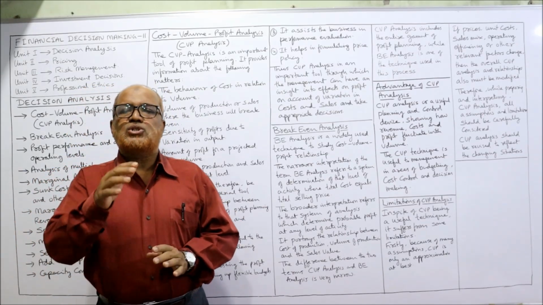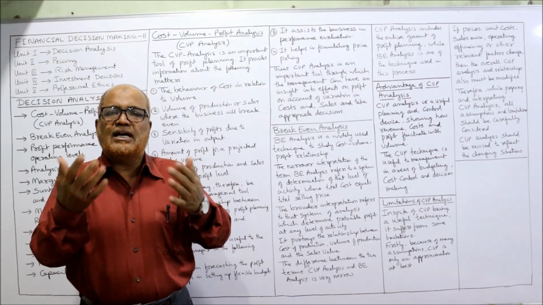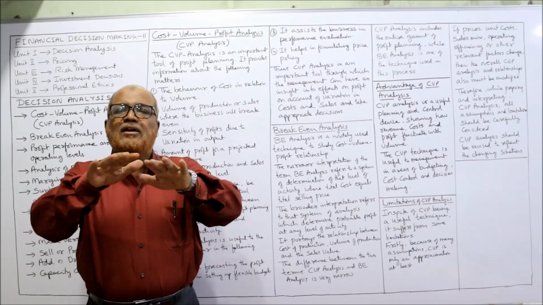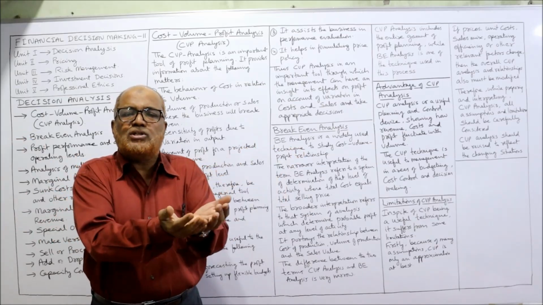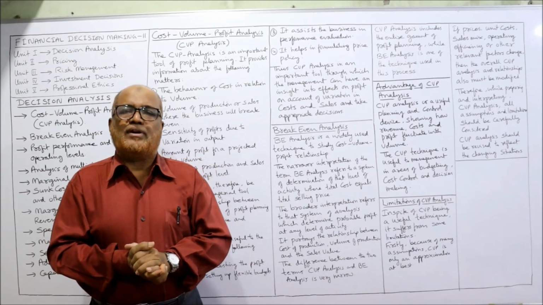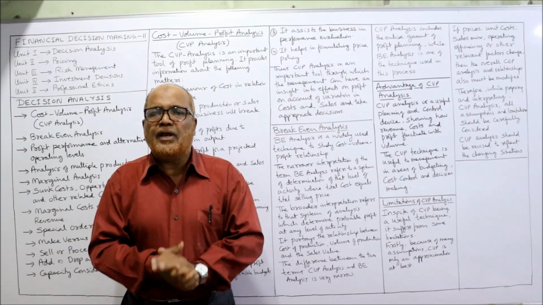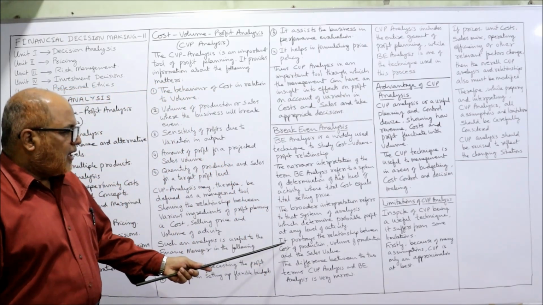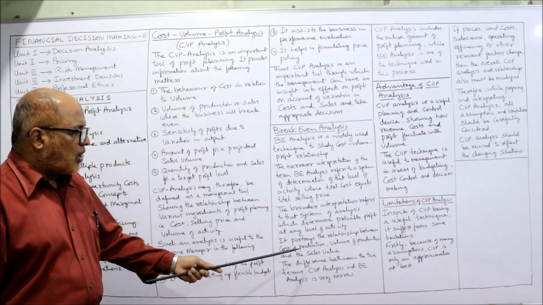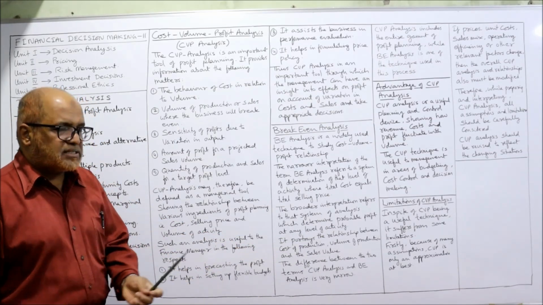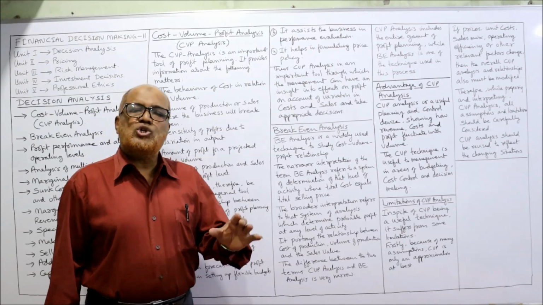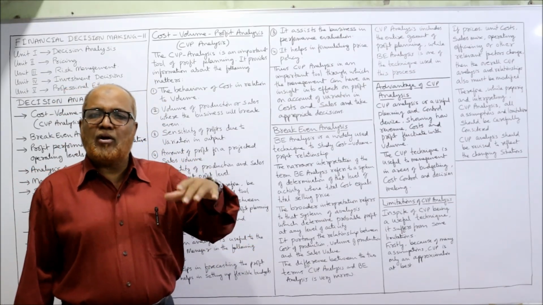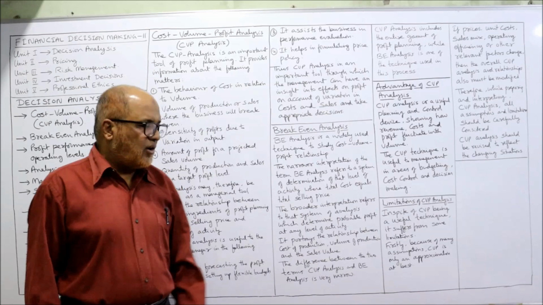If the business sells 20,000, if the business sells 30,000 units, at different levels of activity, how much profit will the business get? That is the broader interpretation of the term break-even analysis. Now, it portrays the relationship between cost of production, volume of production, and the sales value. So it shows the relationship between cost, sales, and volume.